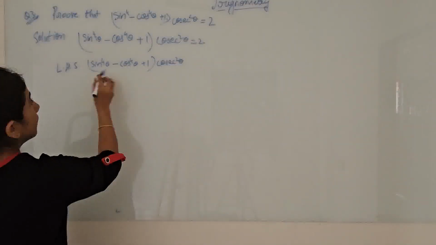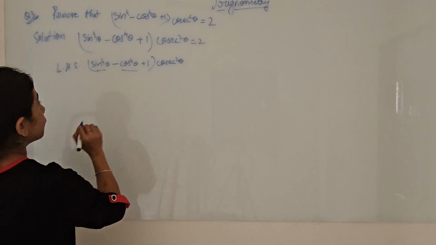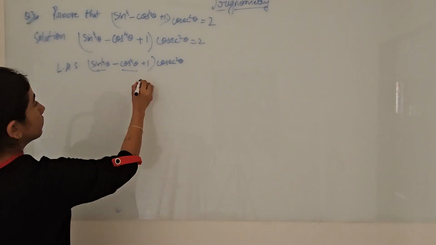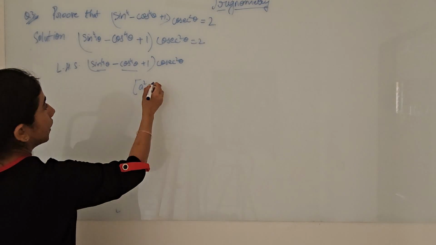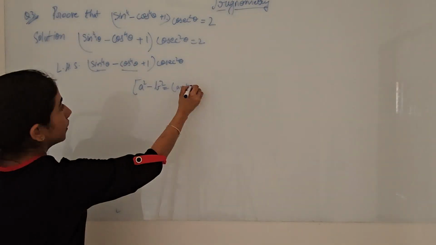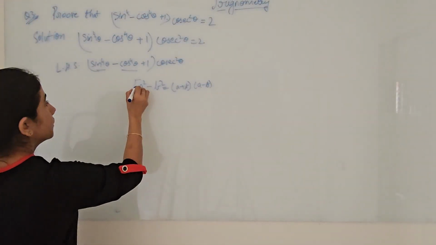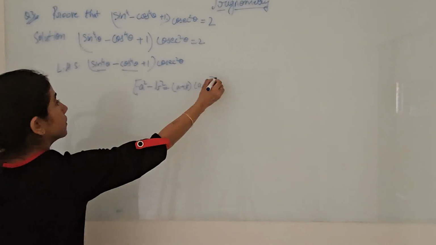Now here I'll take sin^4 theta minus cos^4 theta with the identity a square minus b square is equal to a plus b, a minus b, putting a as sin.